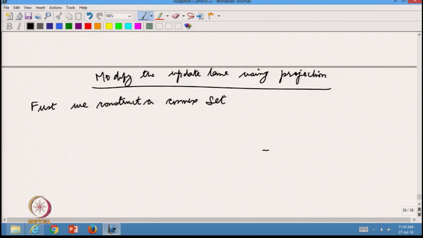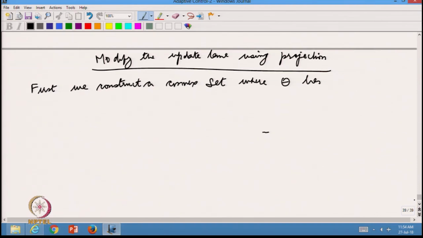That's the first requirement for this kind of a projection, where theta lies. So the actual parameter lies inside this convex set. So for that, as I mentioned, we have to assume that norm of theta is less than equal to theta m, where theta m is a known constant.